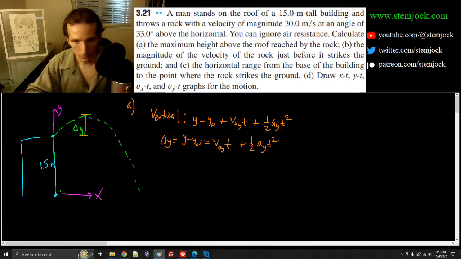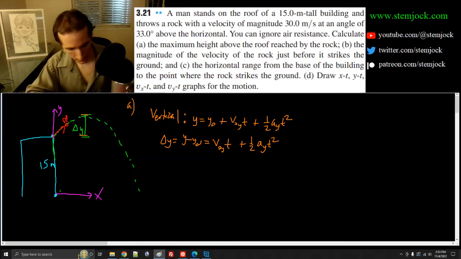Okay, so we need the v0y. That's the component of the initial velocity along the y-axis. So I'm going to draw a triangle. So the rock is kicked like this. This is the initial velocity vector. I'm going to draw the triangle with the vector's magnitudes. So the hypotenuse is v naught.